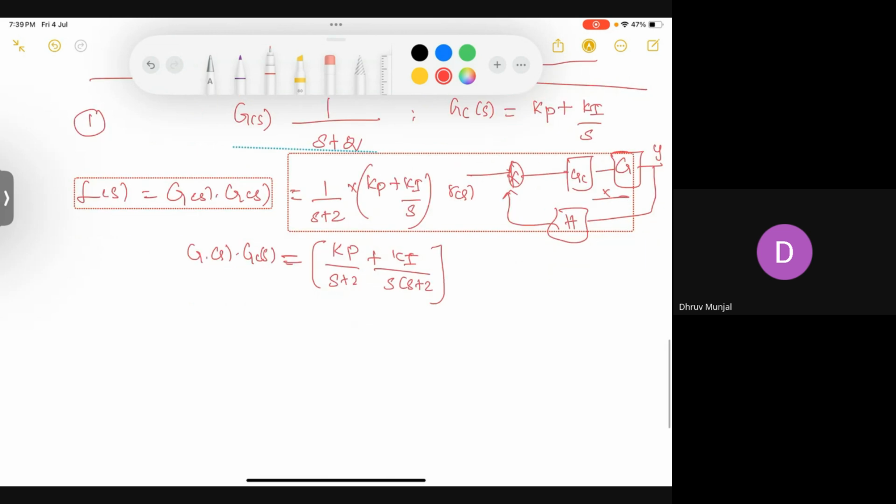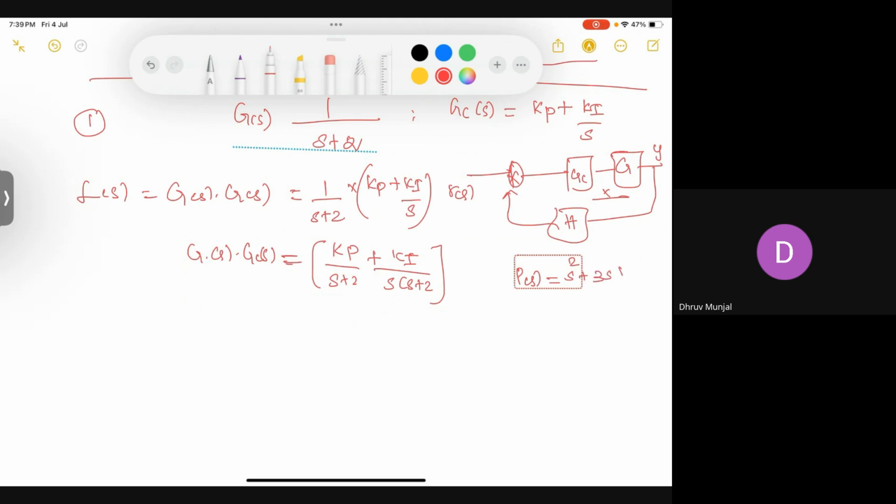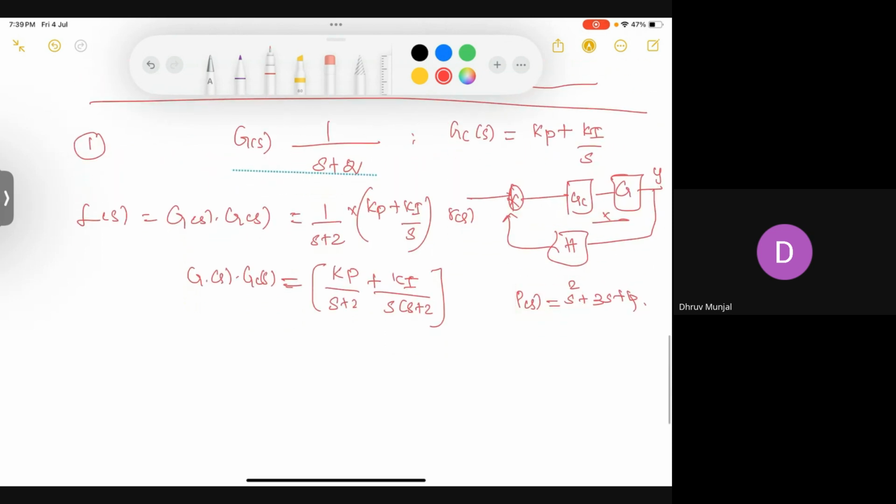Okay, good. If I want to write it in terms of a closed loop, they have also given the closed loop unity feedback system's characteristic equation, the closed loop system's poles given in terms of the characteristic equation. So I want to find the closed loop transfer function of this. If I want to find the closed loop transfer function, this will become Kp plus Kp by S plus 2 plus Ki by S into S plus 2.